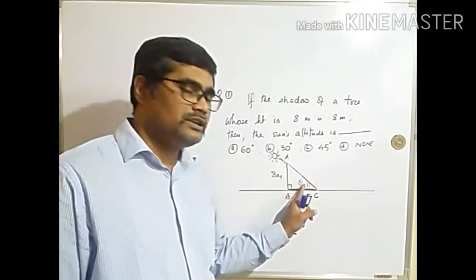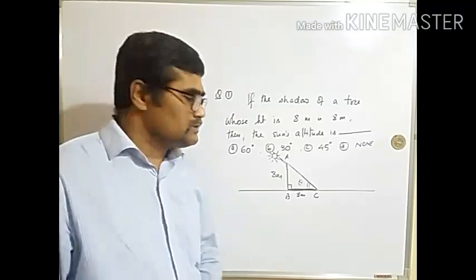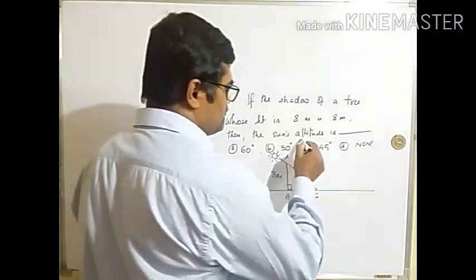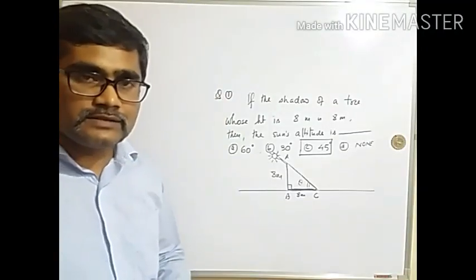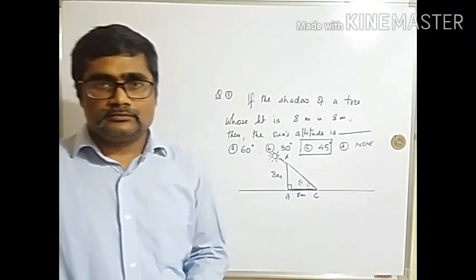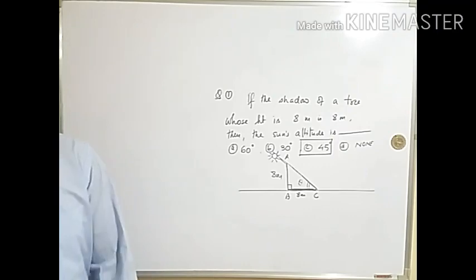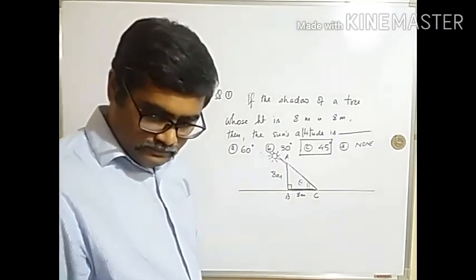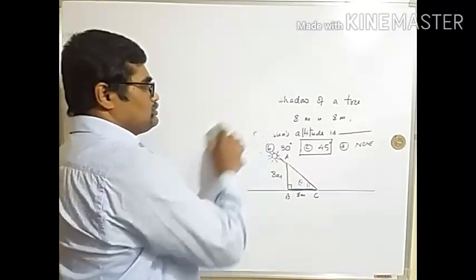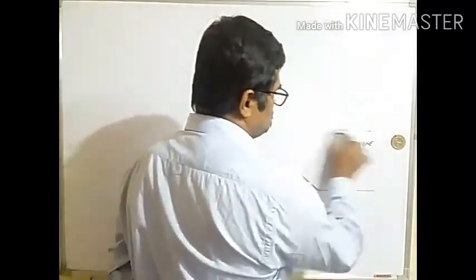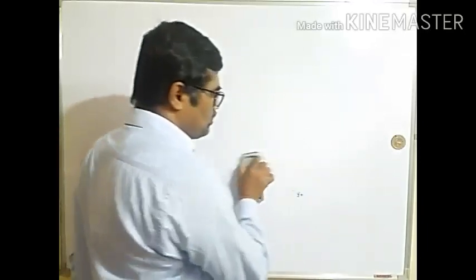So equal, this will give you 45 degree. So what will be your option here? It is 45 degree. Please see this. Okay, so this is an important problem where we have talked about sun's altitude, right?